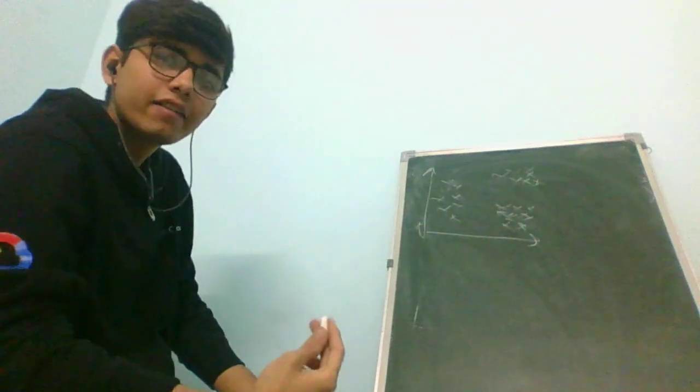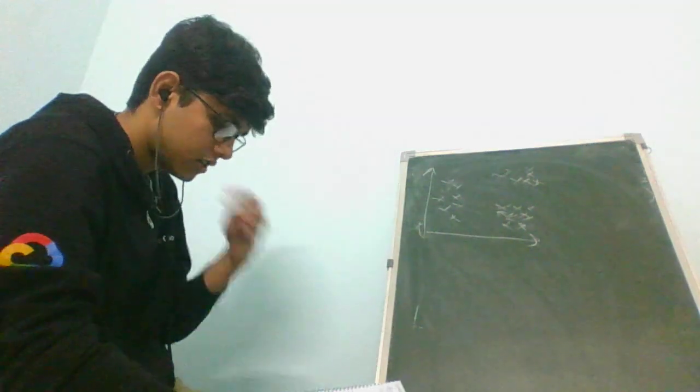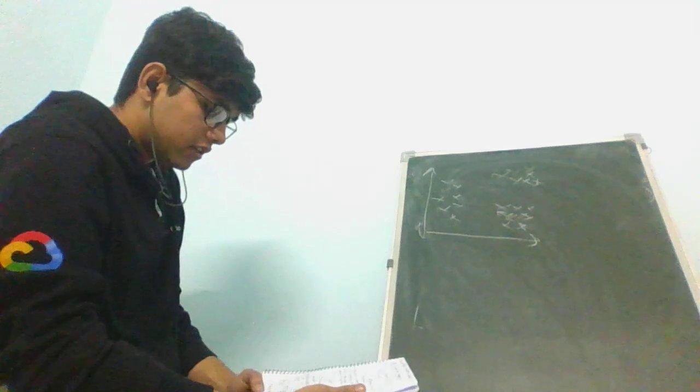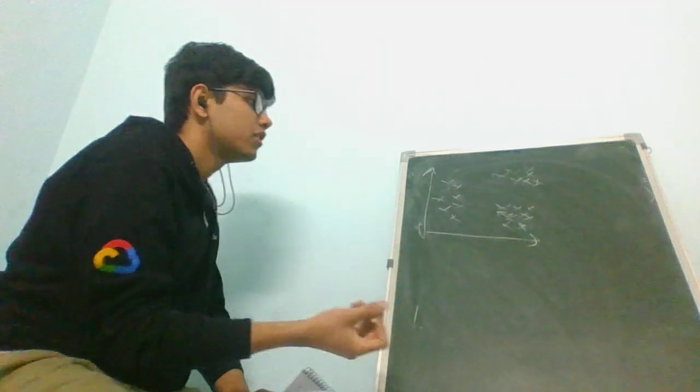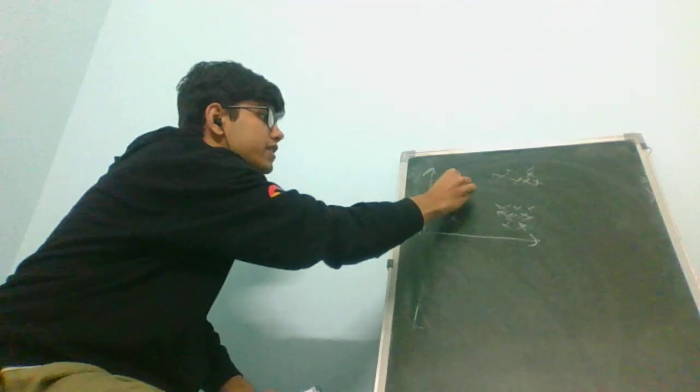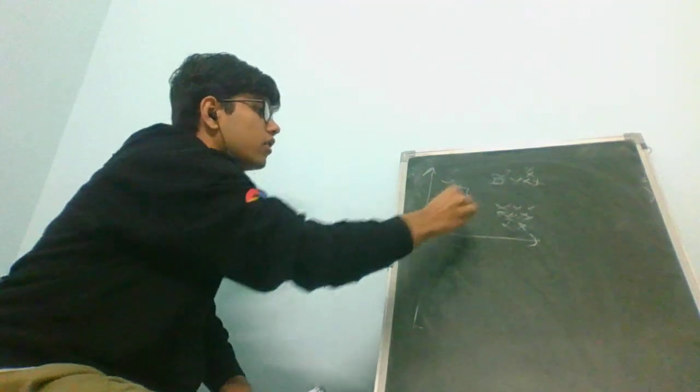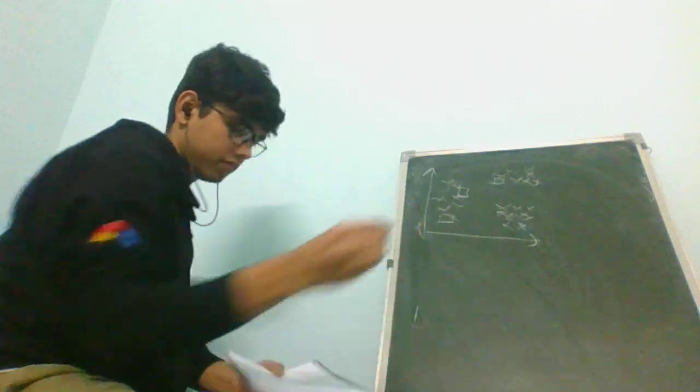Clearly we should have three clusters, there is no doubt about that. But initializing randomly, we might initialize the centroids, let's say, here, here, and here maybe.